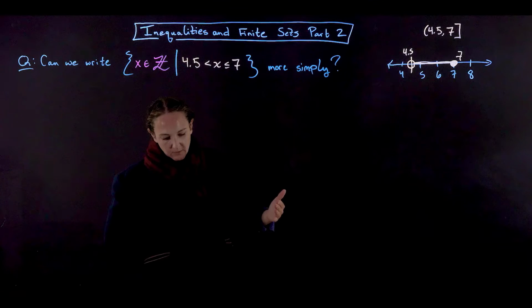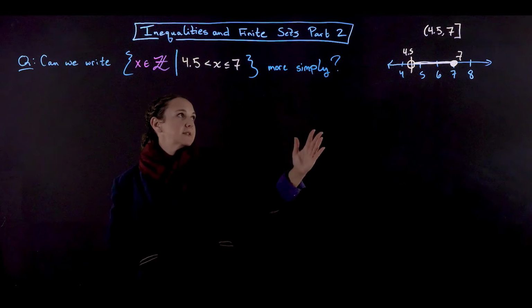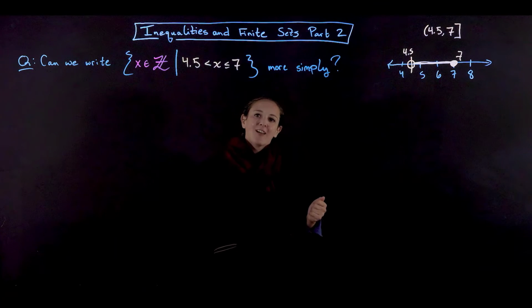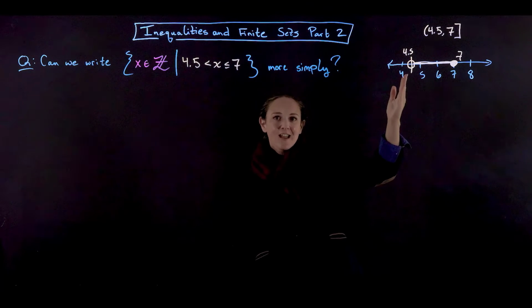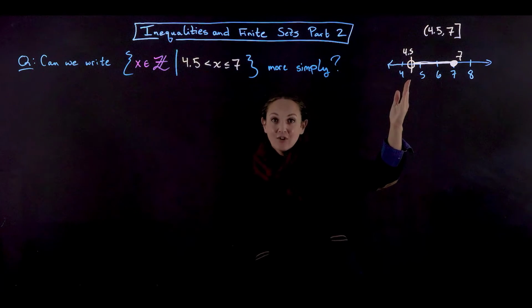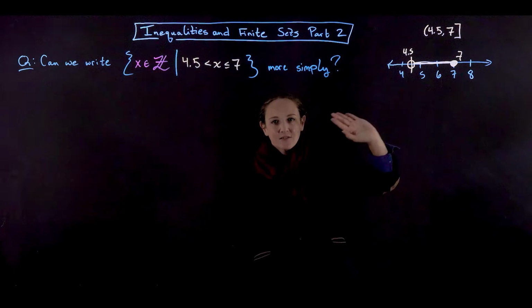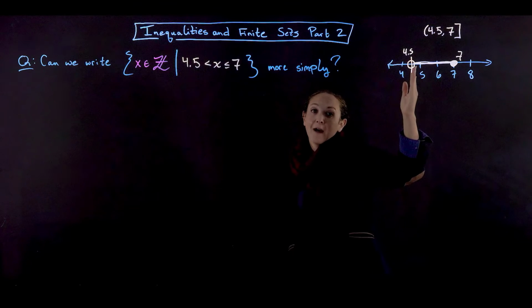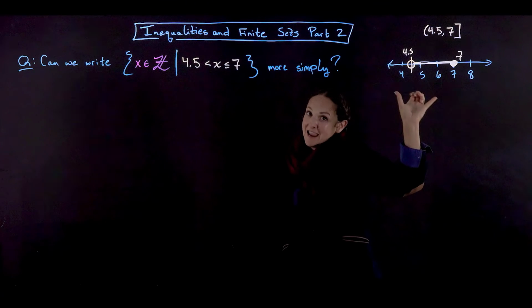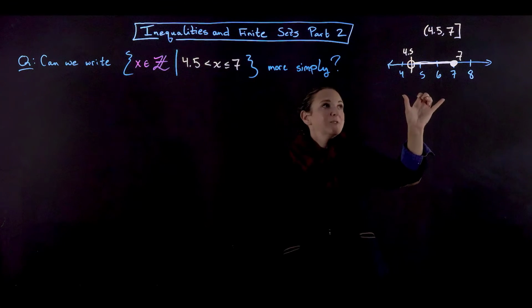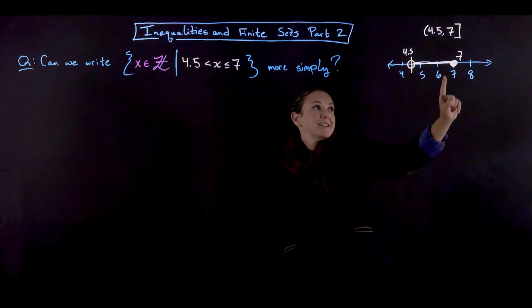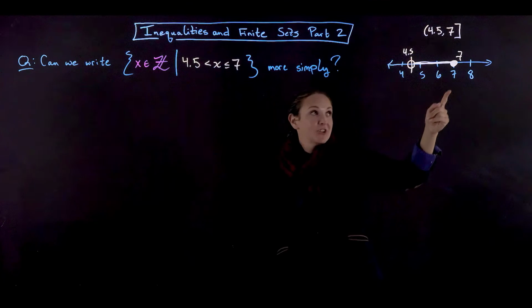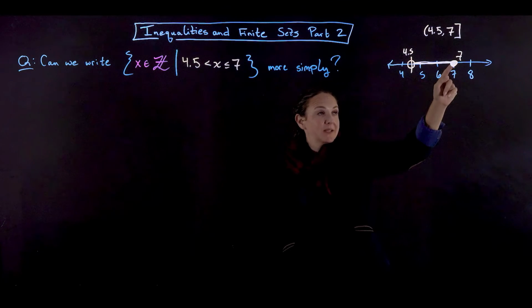We're going to break this one down a little less because we did the other one so fully, but let's think about it for a moment. On the left-hand side, 4.5 is not included, and it's also not an integer, so we definitely leave that one out. As we go through, 5 and 6 are integers in the interval, so we include them. Then on this side, we have 7, which is an integer and is included in the interval because it is filled in.